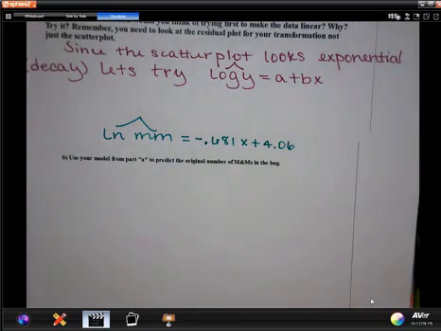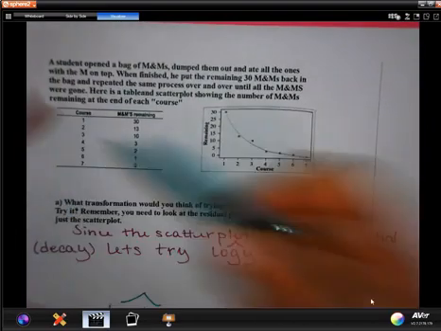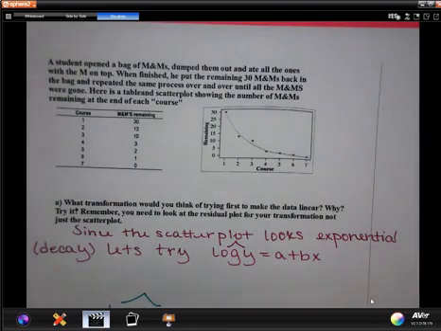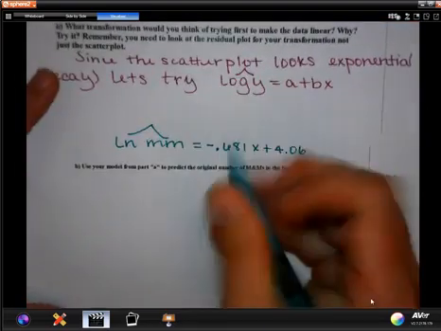So then, to make our prediction for the original number of M&Ms in the bag, so that would be course 0, before we dumped any out, we're going to put 0 in for x.